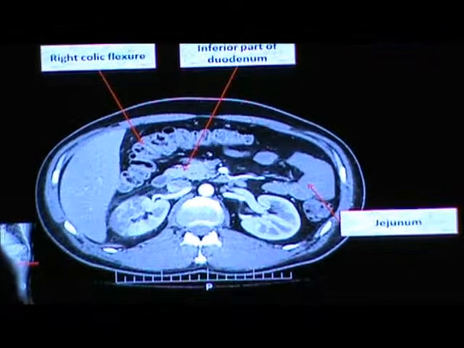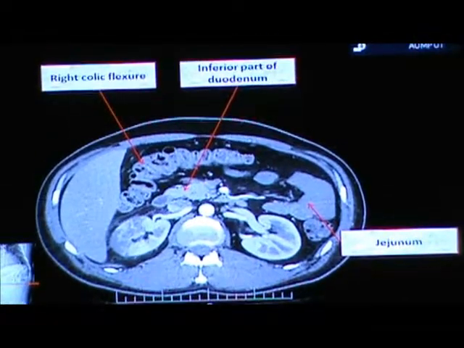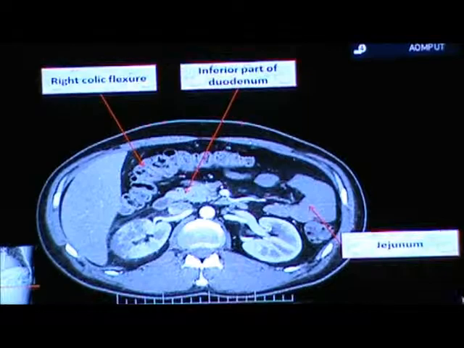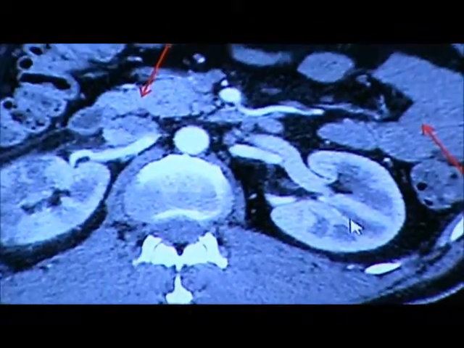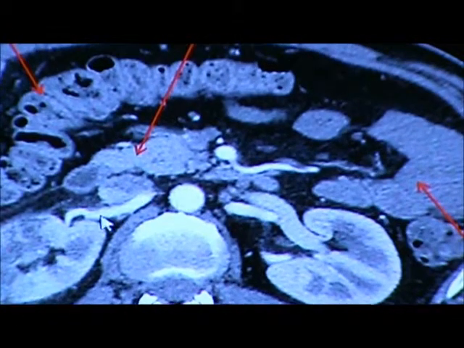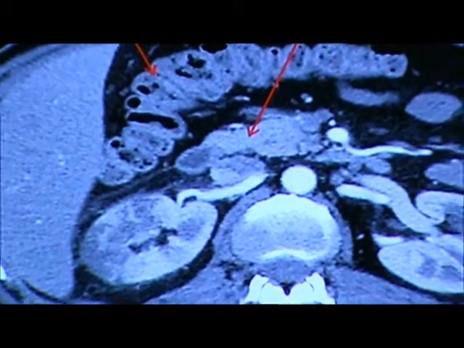And here's also the inferior part of the duodenum. At this level, we can also see the renal arteries and veins, running in the direction of each kidney.